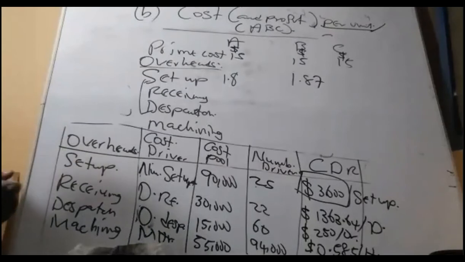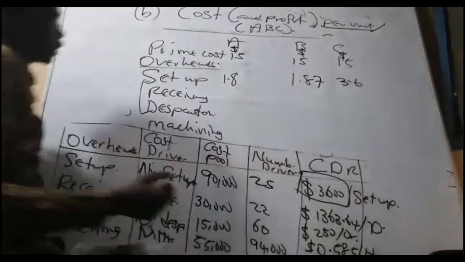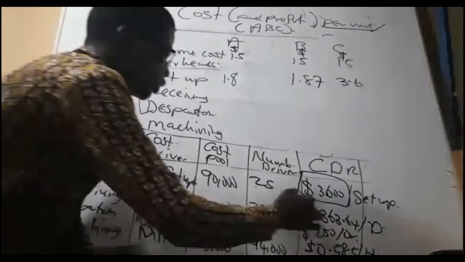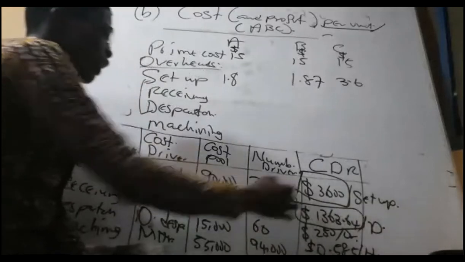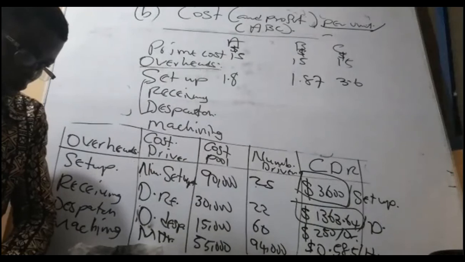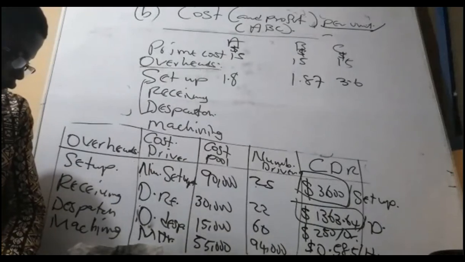So C will be 3.6. Then we come to receiving. Receiving, the overhead absorption rate is 1363.64 per delivery.